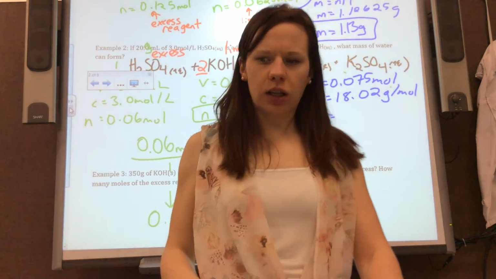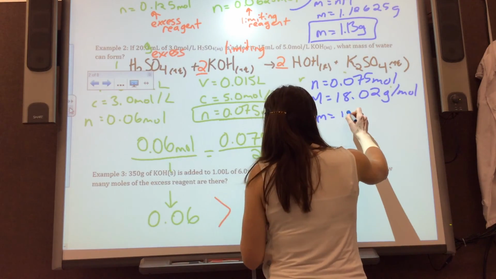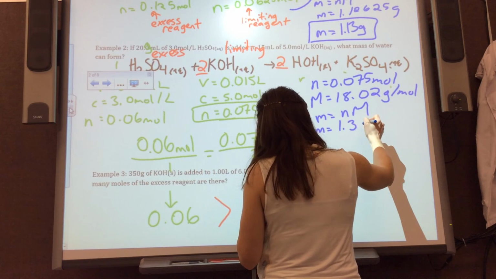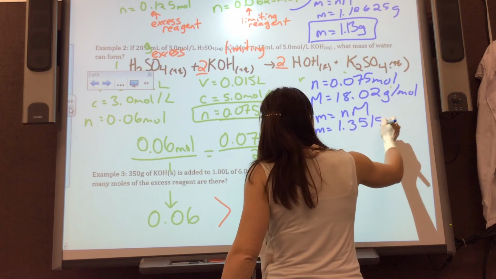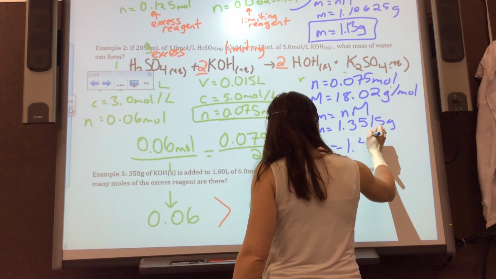So my mass is your moles times your molar mass, which is 1.3515 grams. So to sig digs, that's 2 sig digs, so 1.4.